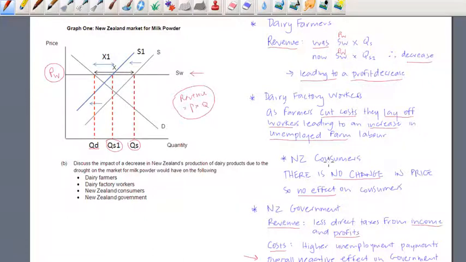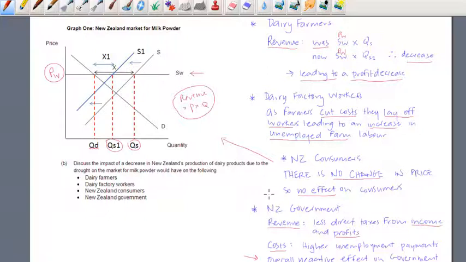Now, the third point, New Zealand consumers. A lot of you got caught in this. You tried to tell me that New Zealand consumers were going to pay higher prices as a result of this, but you just need to look at your graph. If you want to know the impact, look back at your graph. I can see the supply curve moves left, but the price didn't change at all, and quantity demanded has stayed exactly where it was prior to the shift in supply.